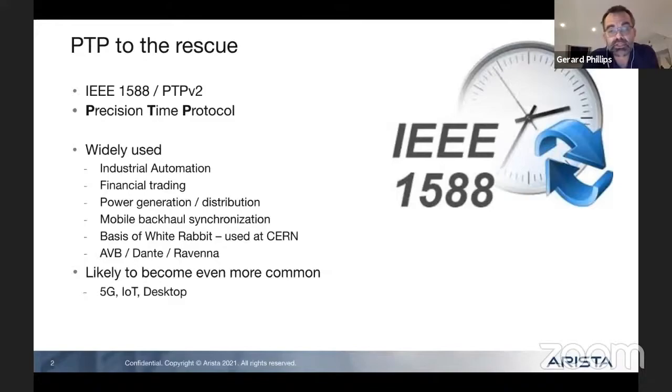CERN uses a special version of PTP to timestamp its particle events. In the media world itself, of course, AVB, Dante, Ravenna, AES67 have been using PTP for many, many years. And it's going to become more and more common.